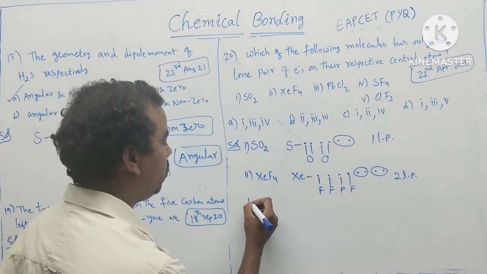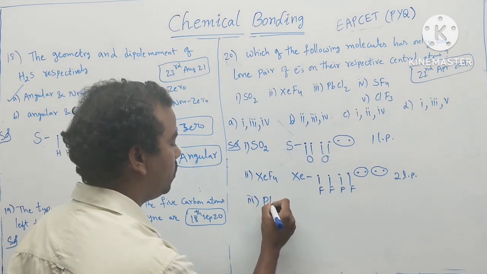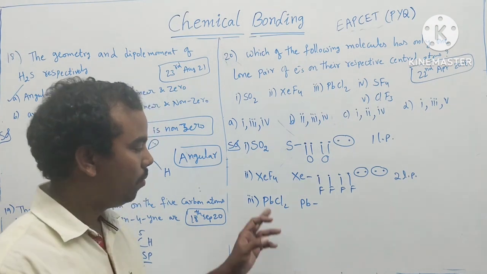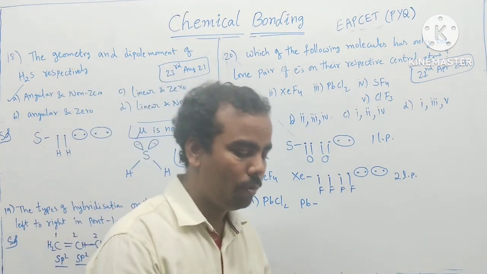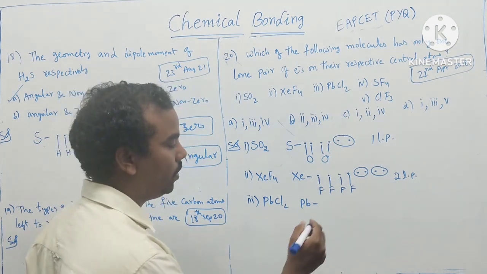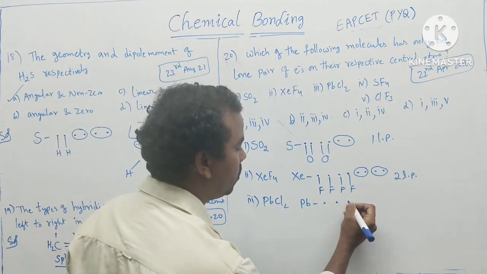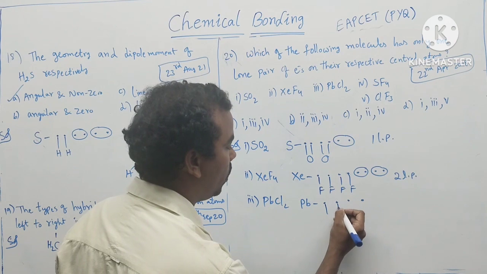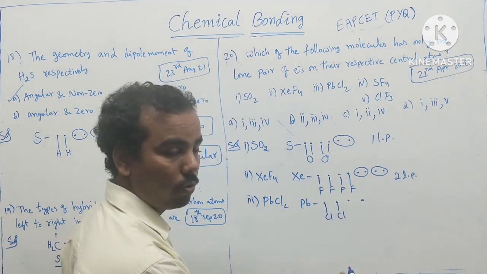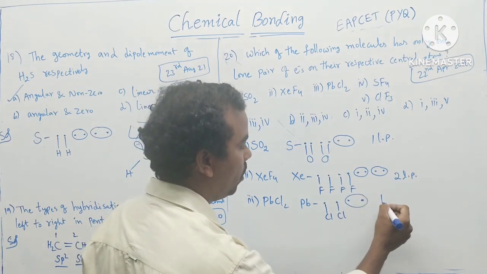Next, PbCl2. The central atom is Pb. Which group? Carbon, silicon, germanium, tin, lead. So 14th group. That means 4th group. Valence electrons 4. So 2 electrons form 2 bonds with 2 chlorine atoms. Remaining 1 lone pair.